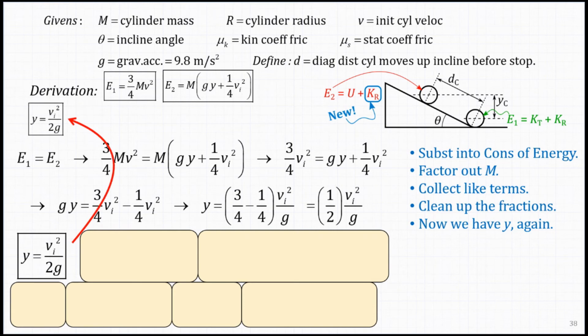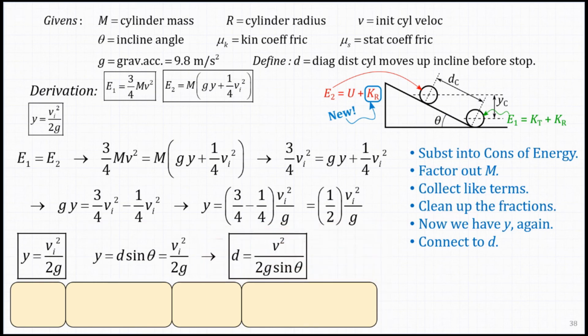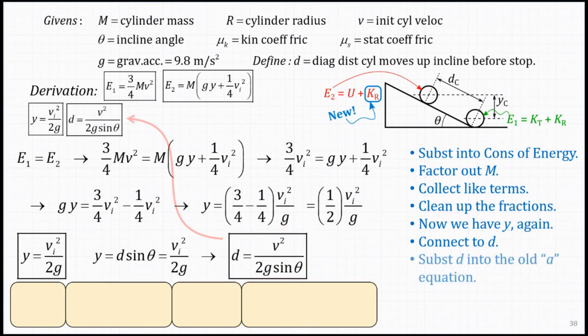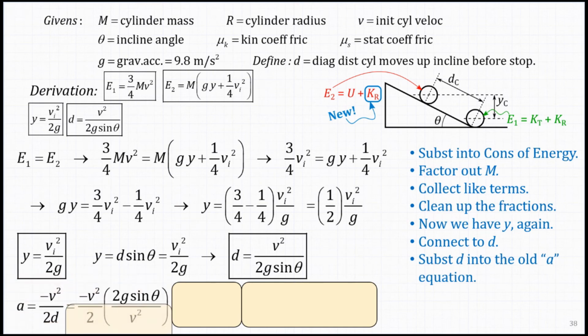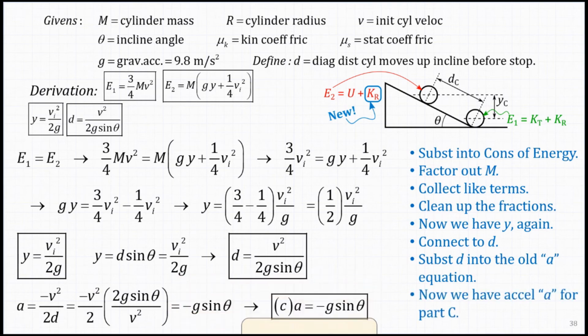We can use that like we did before to find out what our diagonal distance traveled was. So now we have that diagonal distance, and we can substitute that d into the old acceleration equation, just like we did before. And we find out what our acceleration is for part C.